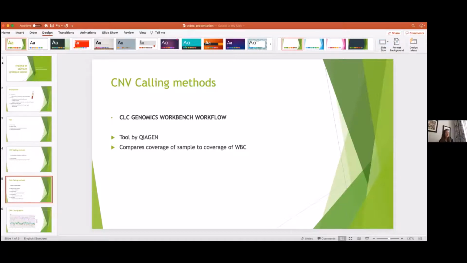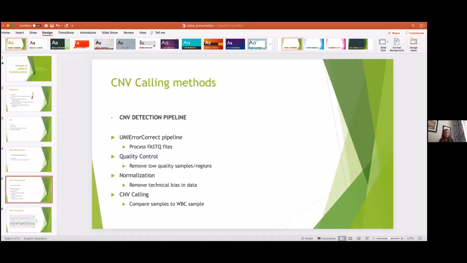But I have also developed my own CNV detection pipeline, mainly using R. But first, for pre-processing the FASTQ files, I have used the UMI error correct pipeline, which is a pipeline for data analysis of targeted amplicon sequencing data with UMIs, which is what we have in this project.